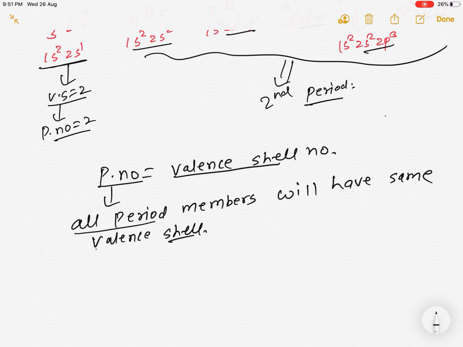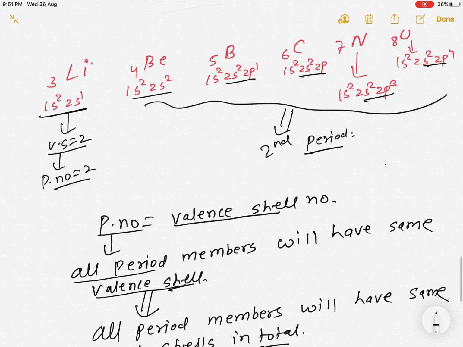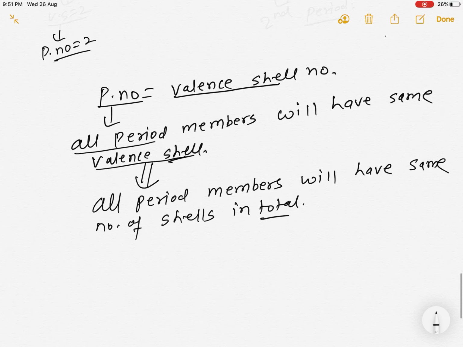So all period members will have the same valence shell, and if they have the same valence shell, can we also say that all period members will have the same number of shells in total? You can see as an example, these are all second period elements, and all of them have two shells in total. First shell, second shell, like that. All the period members will have the same number of shells, right?